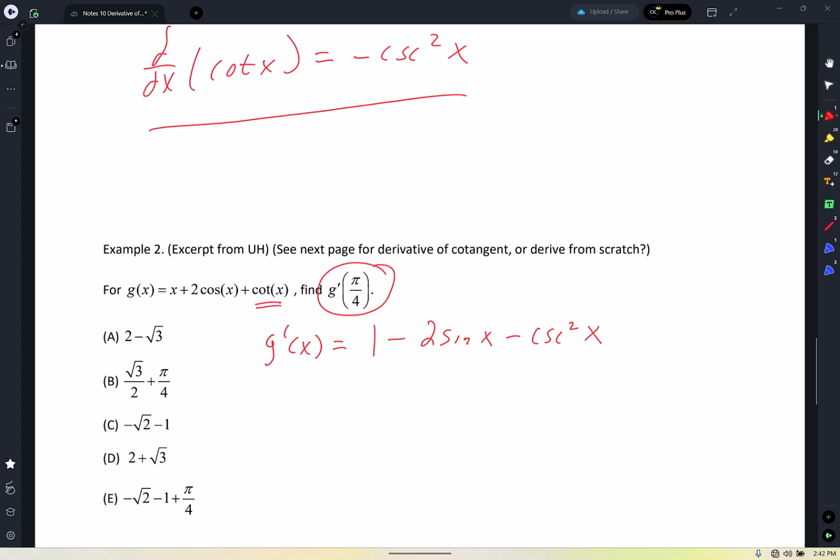Okay, let's talk about the 2 cosine x. If we had used product rule, in case you're thinking, why didn't we use product rule? We could have. You could have said that's first and that's second. I just want you to notice that first does not have a variable. So you don't need to use product rule because that's like when we did the coefficient times the derivative, like the derivative of x squared was 2x and we just multiplied the coefficient by the exponent.